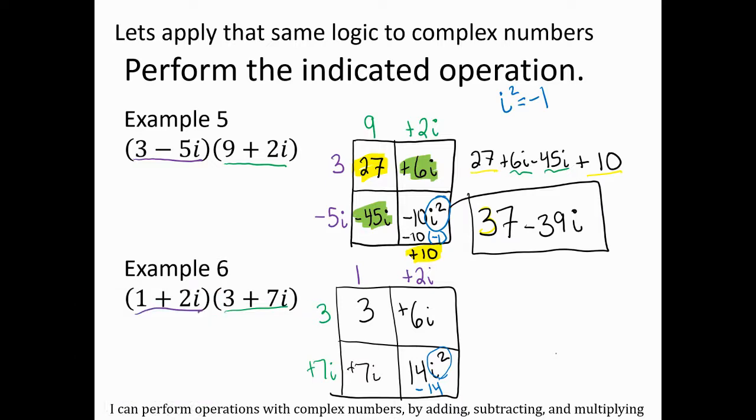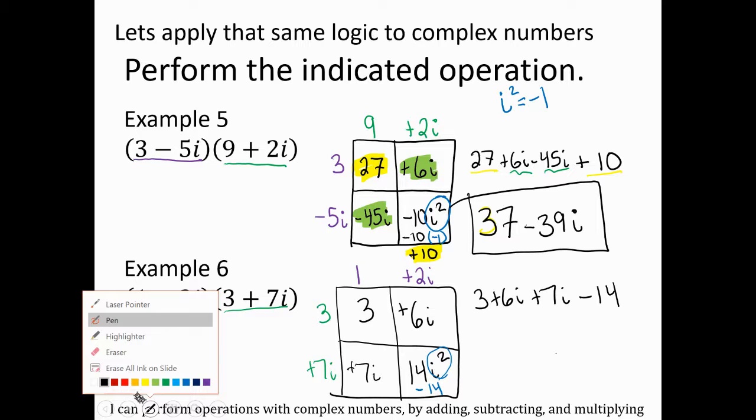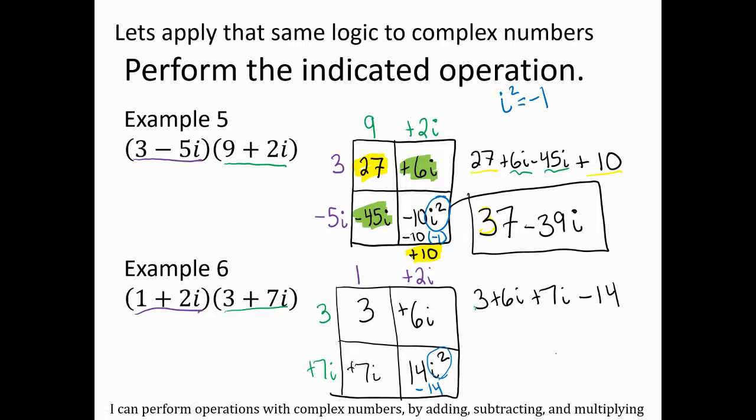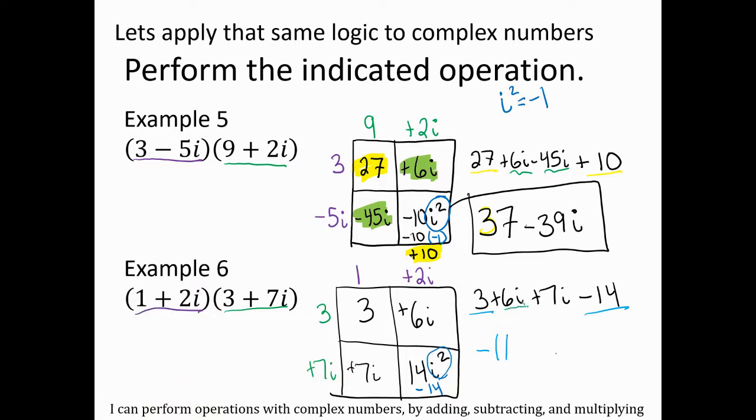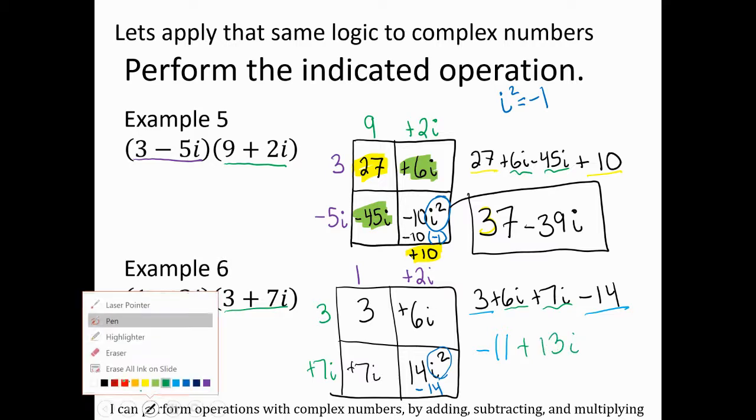Alrighty, so we're going to do 3 plus 6i plus 7i minus 14, and we are going to combine our like terms. Always do the real part first. So 3 and negative 14 is real, so that's going to be negative 11. And then we do our imaginary part. 6i and 7i is going to be positive 13i. And that is our answer.